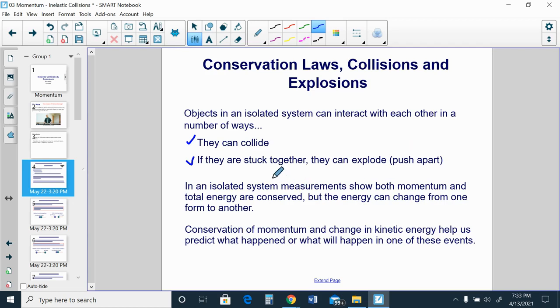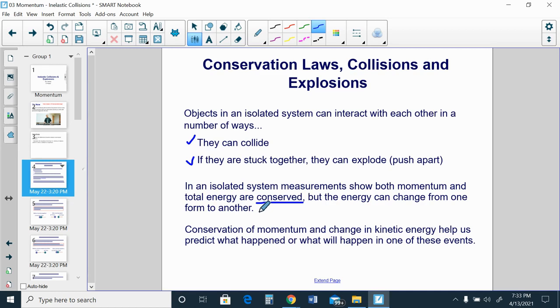In an isolated system, it's very important to note that measurements show that both momentum and total energy are conserved. But the energy can change from one form to another. We've seen this in the past with conservation of energy. When energy is conserved, the total energy of the system is the same before and after.